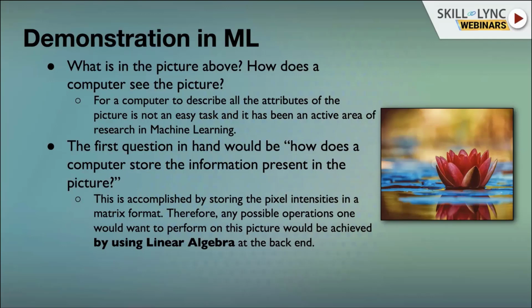The computer basically creates an array of these pixels, and these arrays are matrices, and this matrix can be processed to identify colors and other attributes, for example, the size of the picture, the depth of a color, etc. So any possible operations one would want to perform on this image would be done by using linear algebra and matrices at the back end. So this is one very interesting example of where linear algebra can be applied in a very practical field.